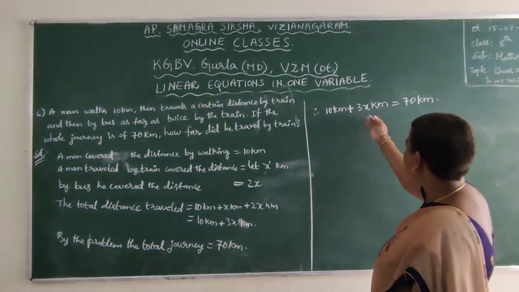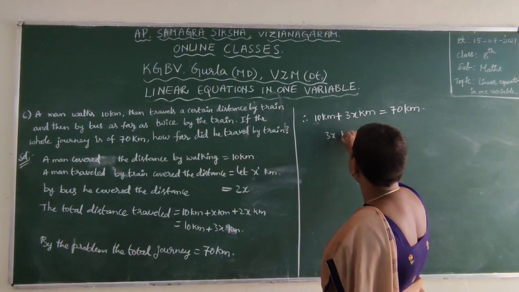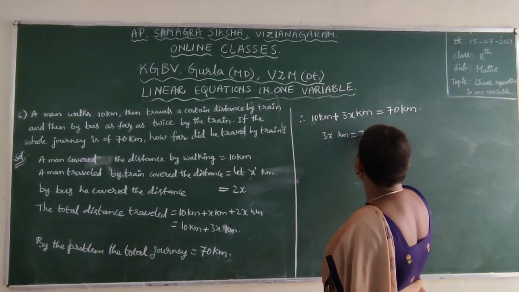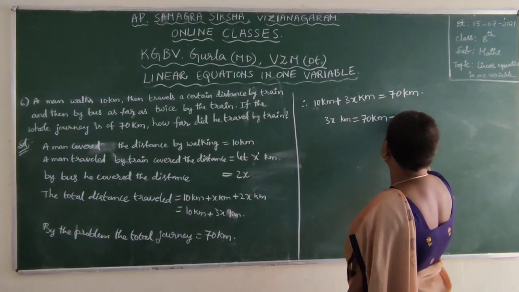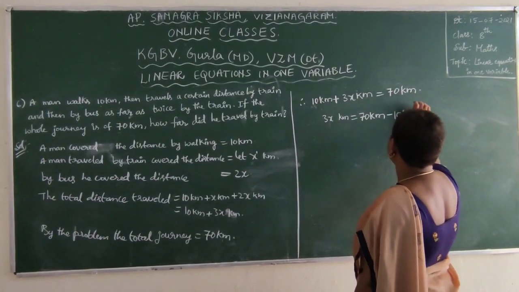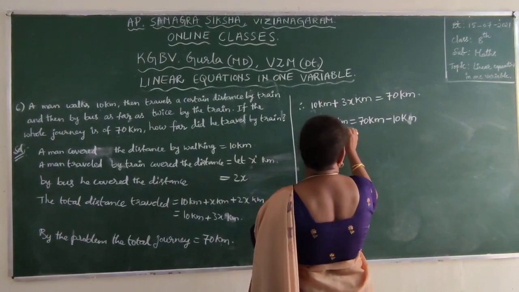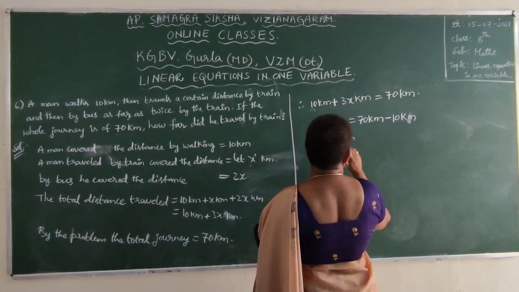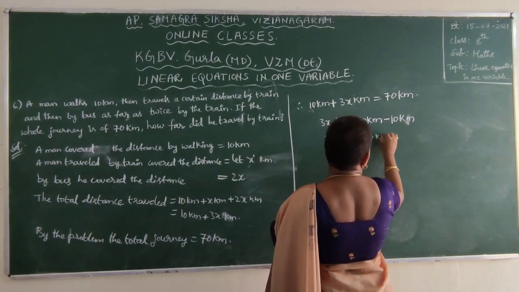Now we have to transpose 10 kilometers. 3x kilometers is equal to 70 kilometers minus 10 kilometers. That means 3x kilometers is equal to 70 minus 10, 60 kilometers.